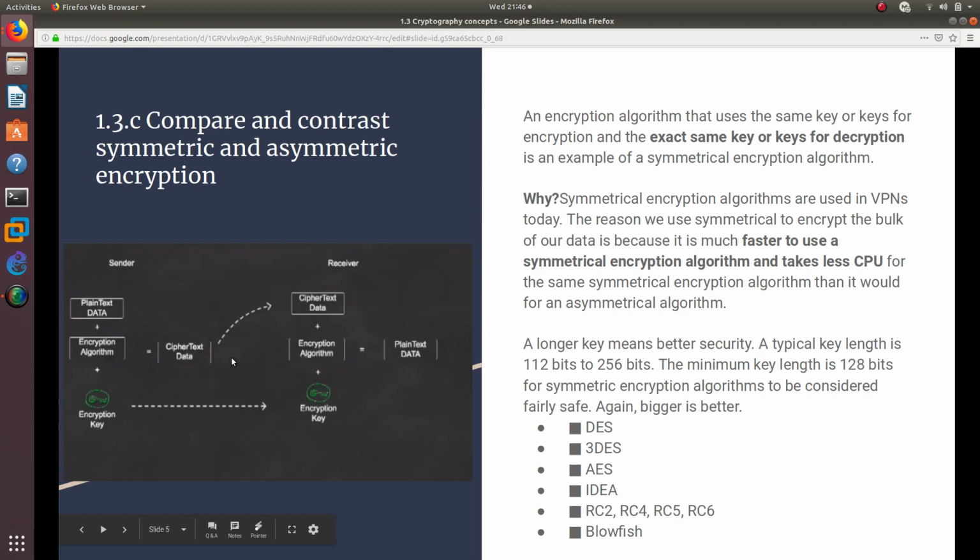And this is how it works, right? We have plain text data over here. What we do is run the encryption algorithm. Let's say we're going to use AES, which is approved by the government. It's going to cipher the plain text data, and the data then becomes ciphertext.